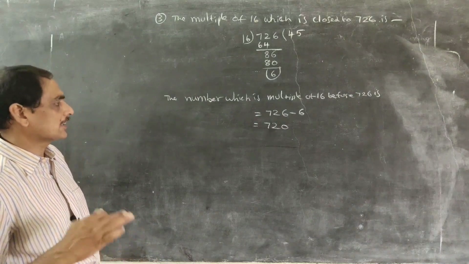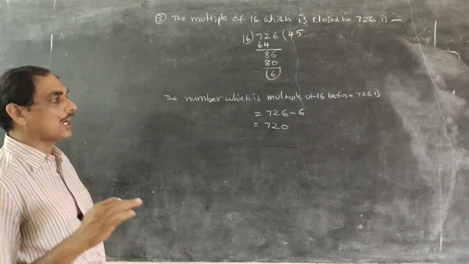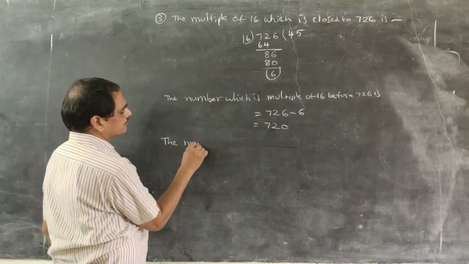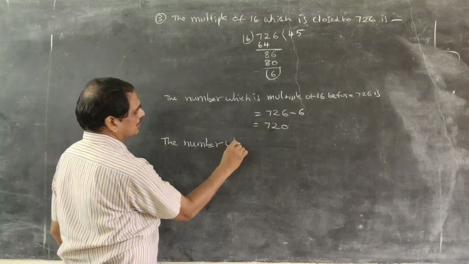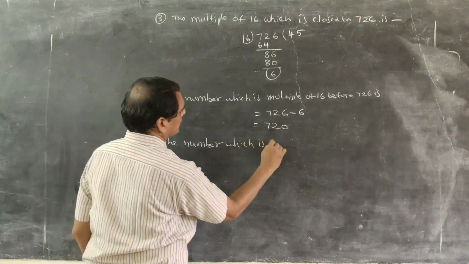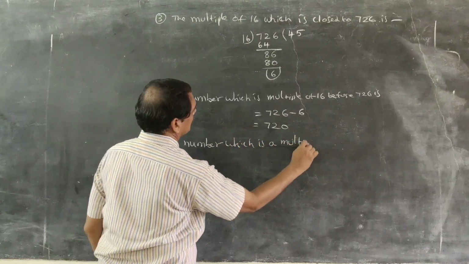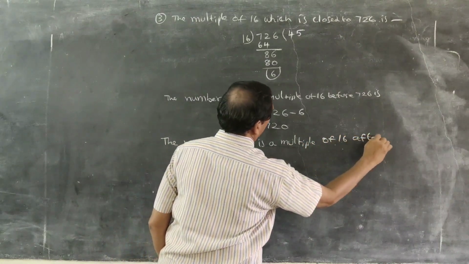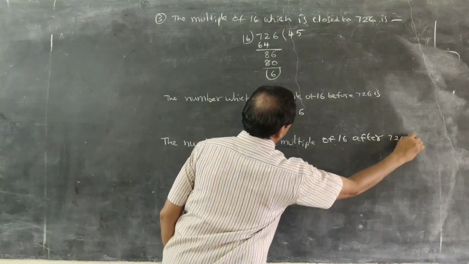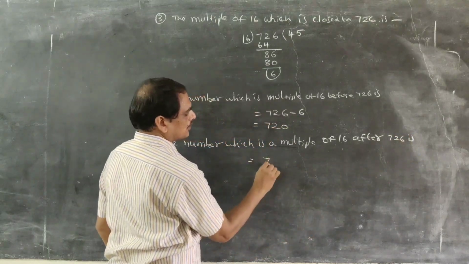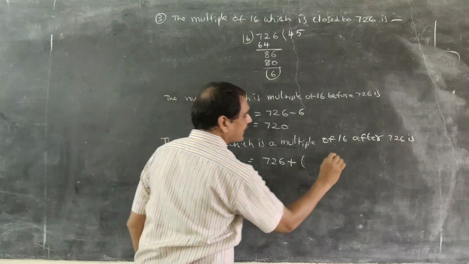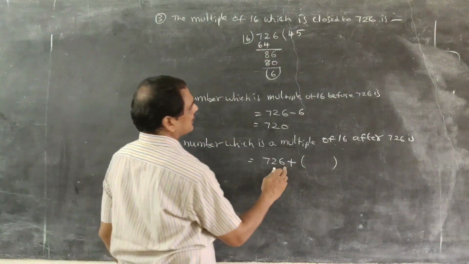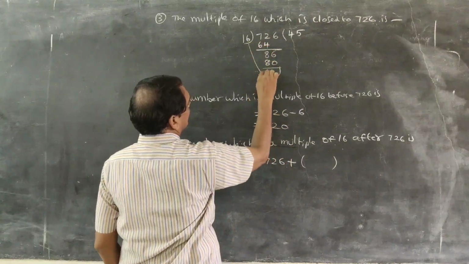Next we find the number which is a multiple of 16 after 726. To find the after multiple, we add a number to 726.